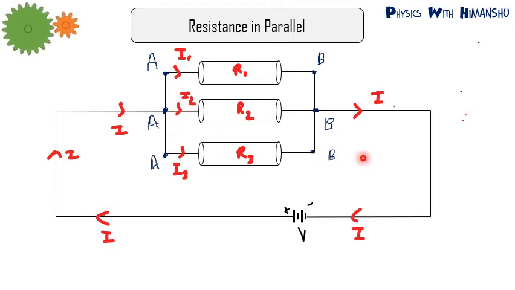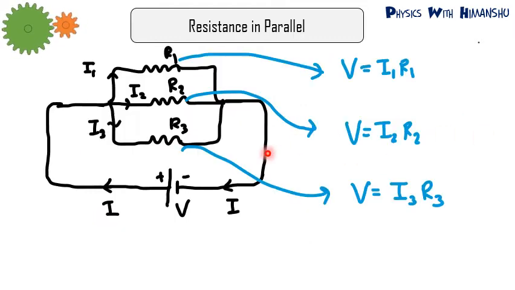Now how to find out the equivalent resistance? Suppose the same circuit, so the potential difference of the battery is V, and suppose in resistance R1 the current is I1, in R2 the current is I2, and in R3 the current is I3. But in parallel, the potential difference across each resistor is the same.